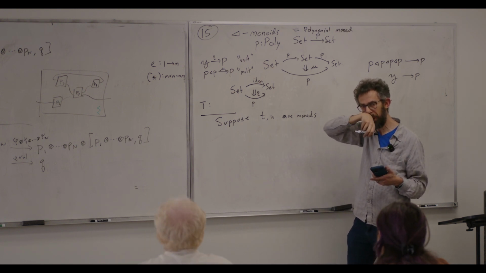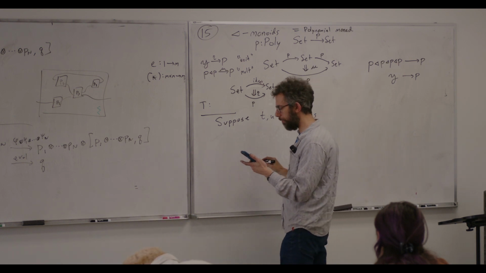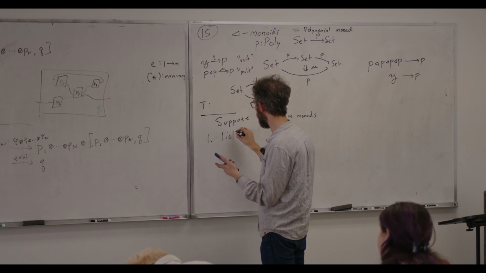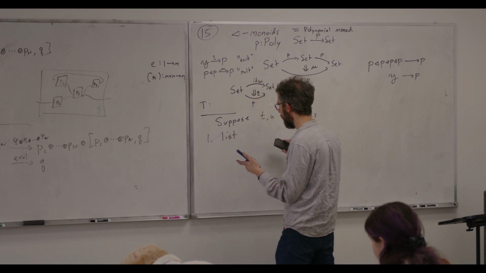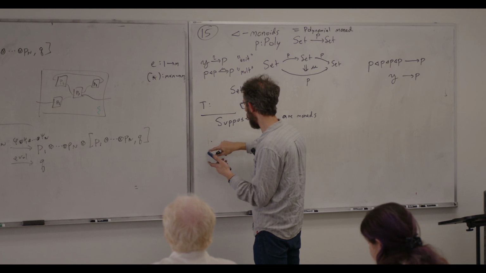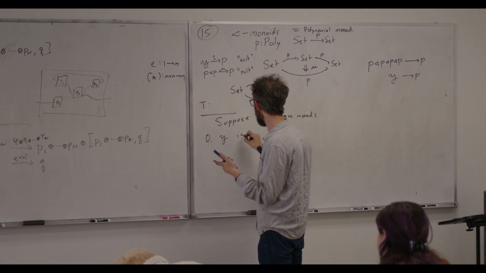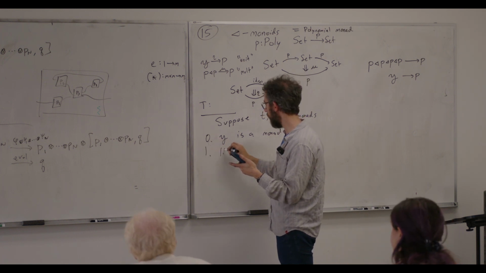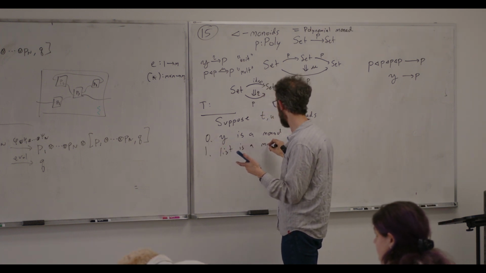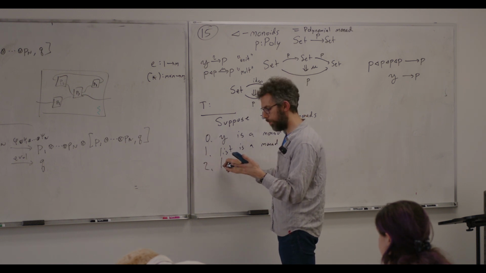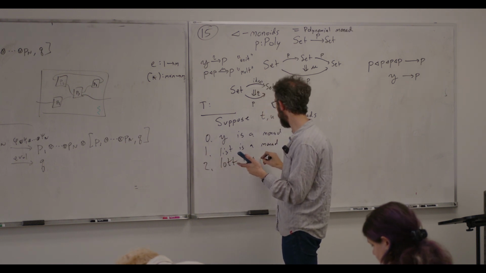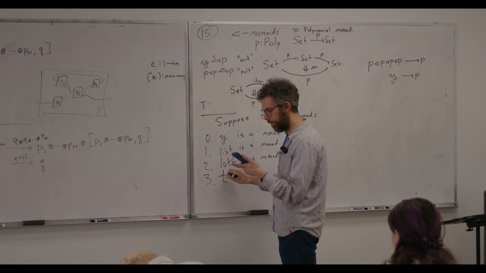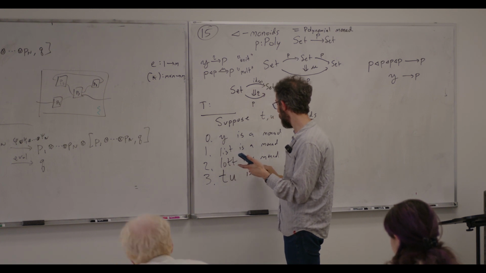Is that okay? Then I'll give you a bunch of polynomial monads. I'm not going to use them at first. So list, why, I don't really need this one, but Y is a monad. 1, list is a monad. 2, I don't know why I'm writing "is a monad" each time, but I guess I've started it. 3, T times U is a monad.